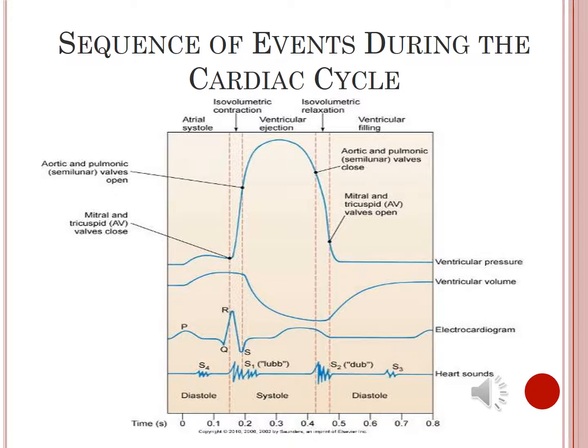There's a sequence of events during the cardiac cycle. The phases are generally described in relation to the changes in pressure and volume in the left ventricle during filling, or diastole, and the ventricular contraction, or systole. Diastole is about 2/3 of the cardiac cycle. It consists of relaxing and filling of the atria and ventricles. Systole consists of the contraction and emptying of the atria and ventricles.